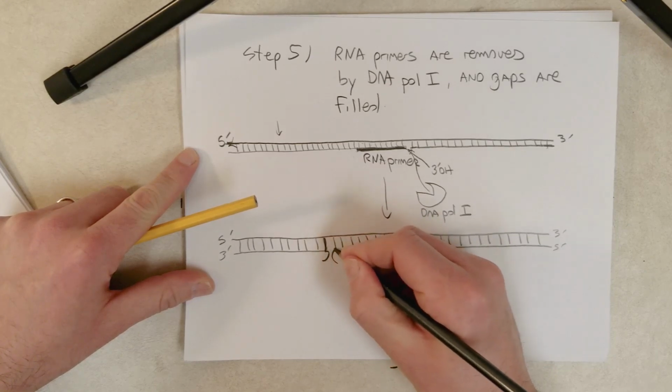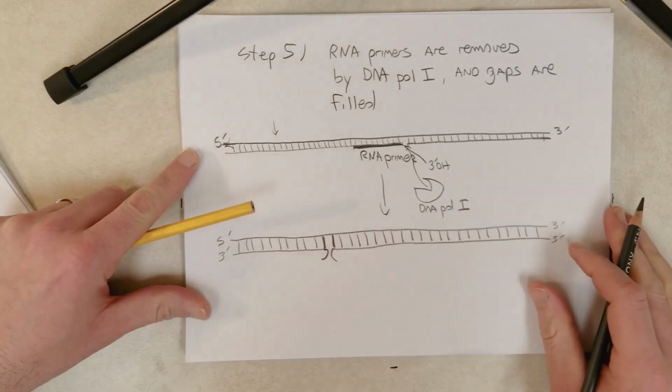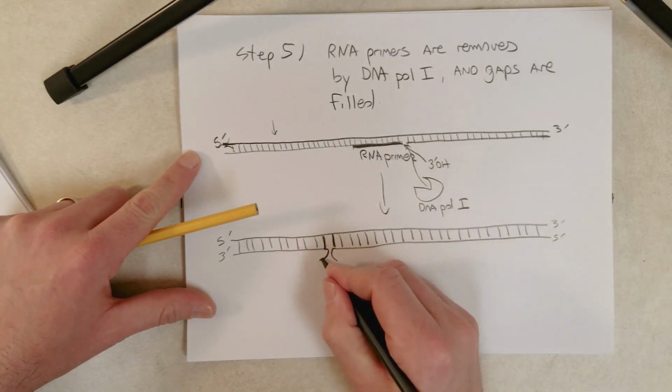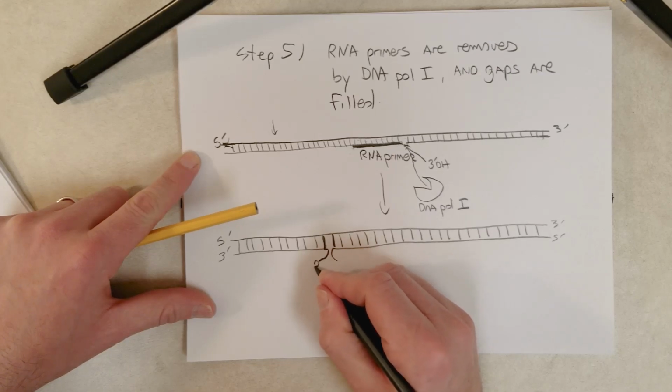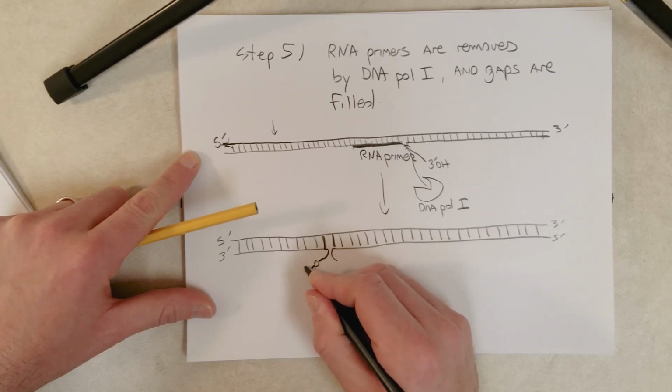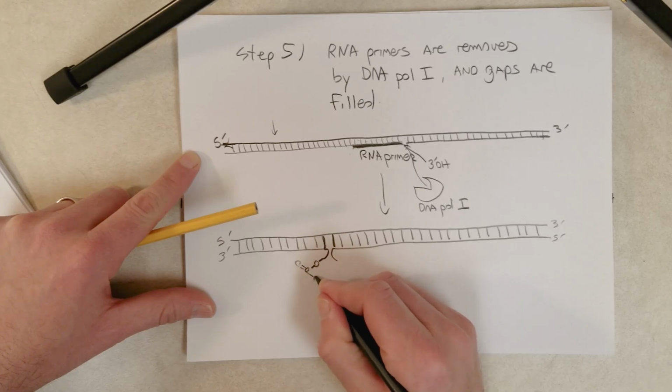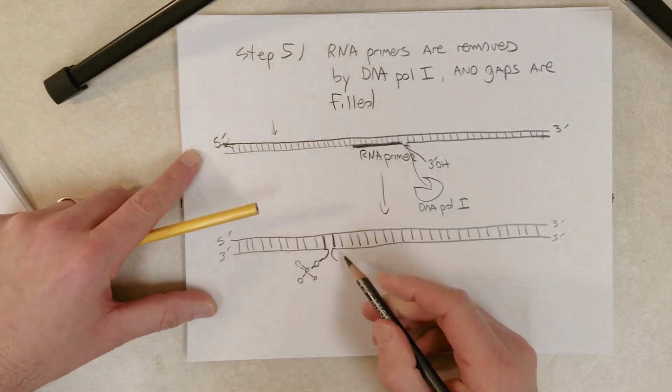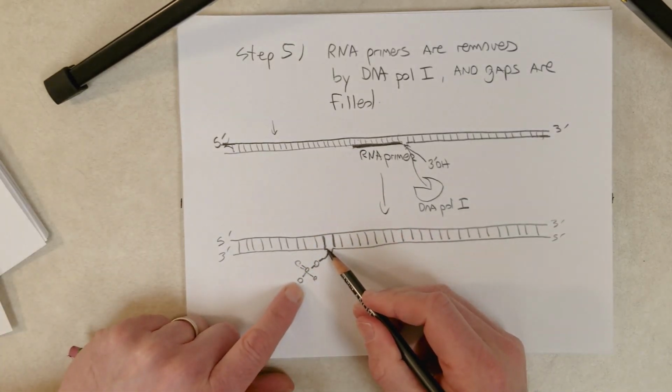So all the nucleotides are present, but there is a 5' phosphate on the downstream nucleotide.